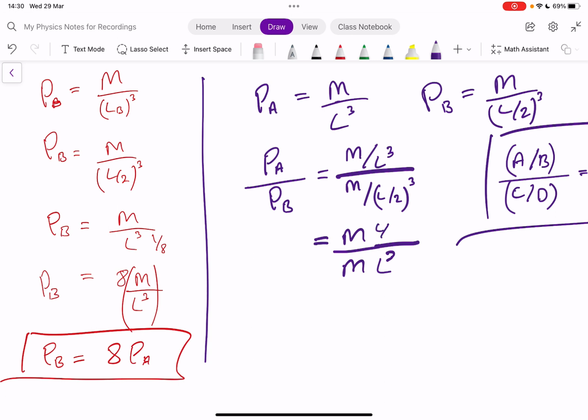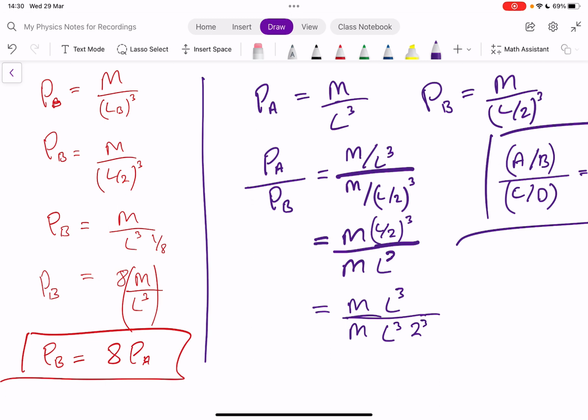The L over 2 cubed goes there. So I'm just going to simplify that a little bit further. M over M, and yes, I know we can do things with that. Let's get to that in just a second. I'm going to split this L over 2 cubed up and put, again, that 2 on the bottom. So we end up with that.